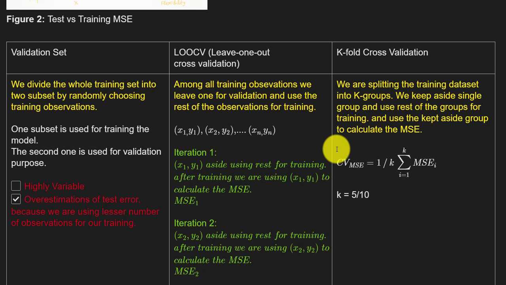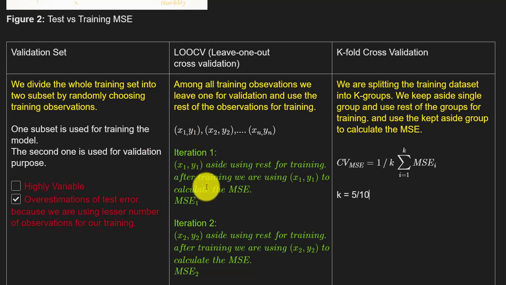Now if we think in terms of bias, the validation set approach is highly variable. We randomly divide the whole training data set into two subsets, so it's highly biased, because each time we are working on a very random data set. Now think about LOOCV.